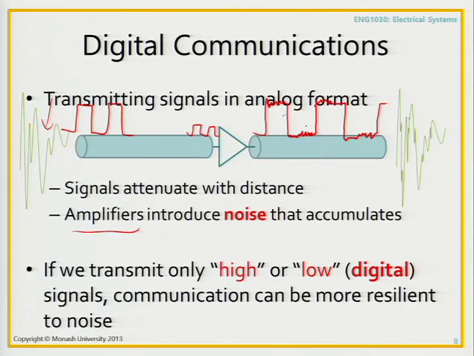But every time I regenerate it, that noise has less significant effect on our signal, because all we care about is whether the signal is one of either a high value or a low value. We don't care about the exact value of our signal. So this is analog, and this is digital.